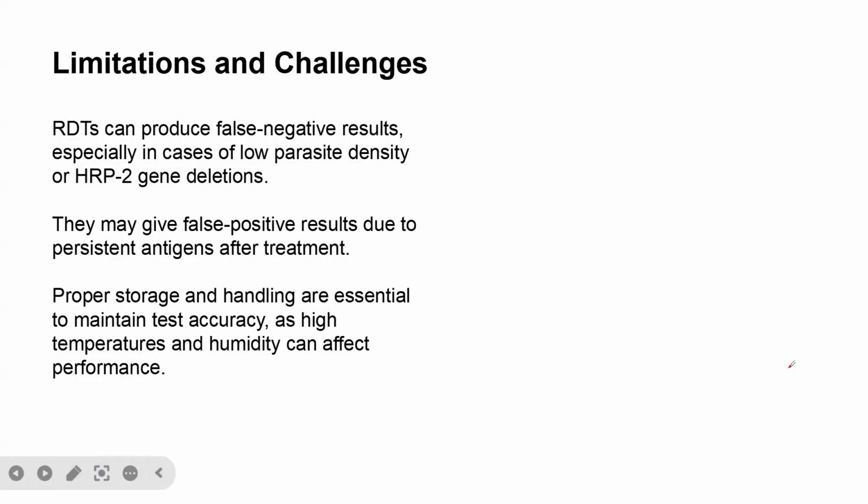So if there is a deletion of histidine-rich protein 2, it means that it is also going to give a false negative result. They might give false positive results due to persistent antigens after treatment. Of course, because after treatment, sometimes you may still have the antigens. So as a result of that, it may also give a false positive result.